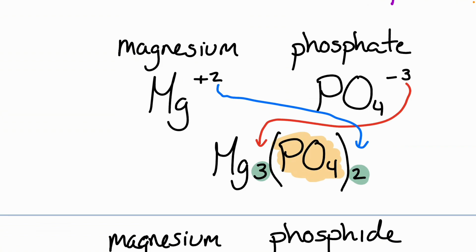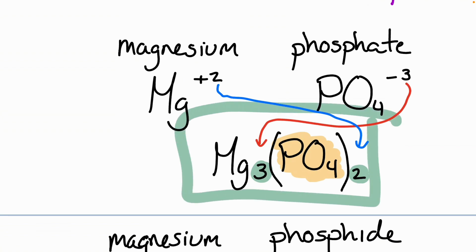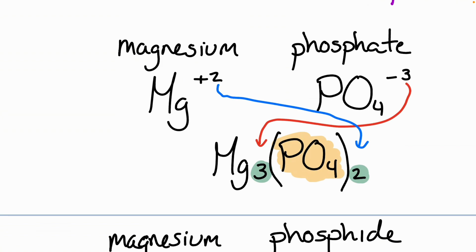To be clear, I'm not comparing this 2 and this 4 and pulling out some common factor. The PO4 is a package deal. It's always PO4. So that last reducing step would be only looking at this 2 and this 3. And again, we established that they don't have any common factors. So this would be my formula for magnesium phosphate. Mg3 and then in parentheses PO4 2.